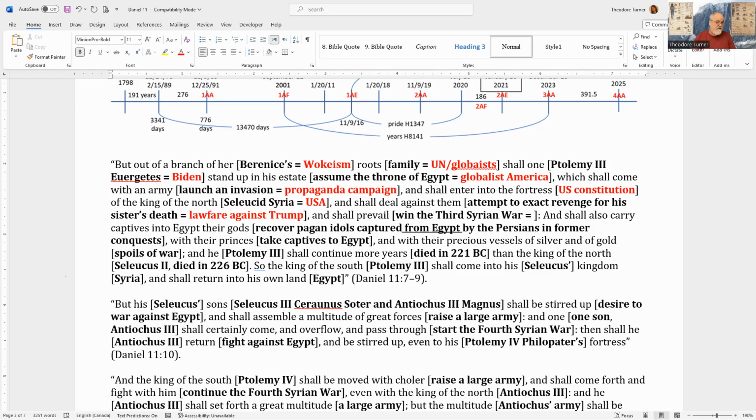Now, we could say that this has happened, right? That this is what happened with Trump and what led to them winning. But this appears to happen after Biden becomes president. So that's if we're applying this correctly, with Ptolemy III being the sister of Berenice, if that's correct.